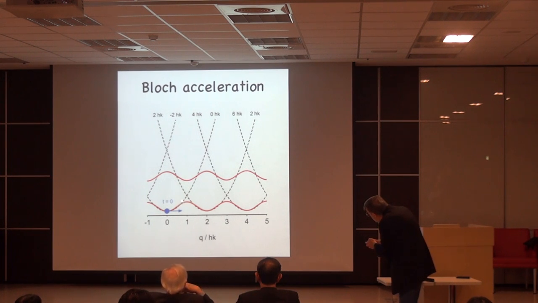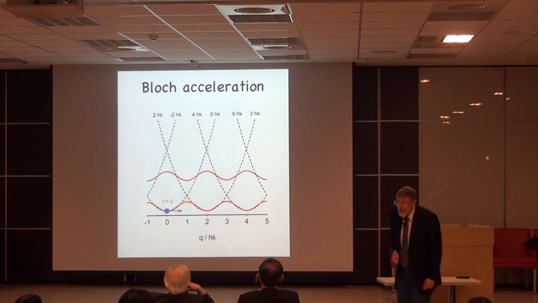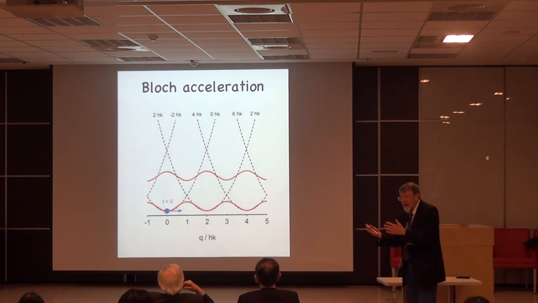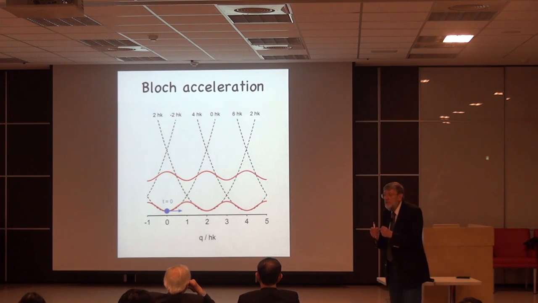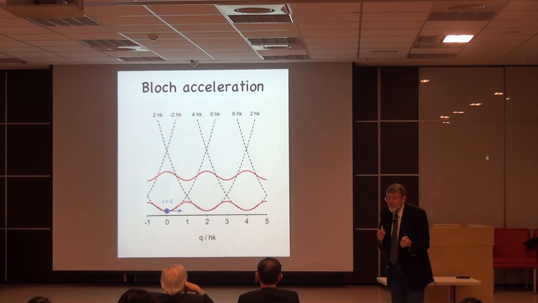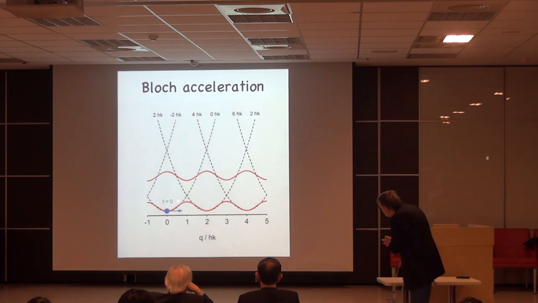Now let's say we get up here, close to the edge of the Brillouin zone. The atoms are in the lattice, they have this non-zero quasi-momentum. Now what we're going to do is slowly turn the lattice off. That means we go from the red curve adiabatically to the dashed curve.